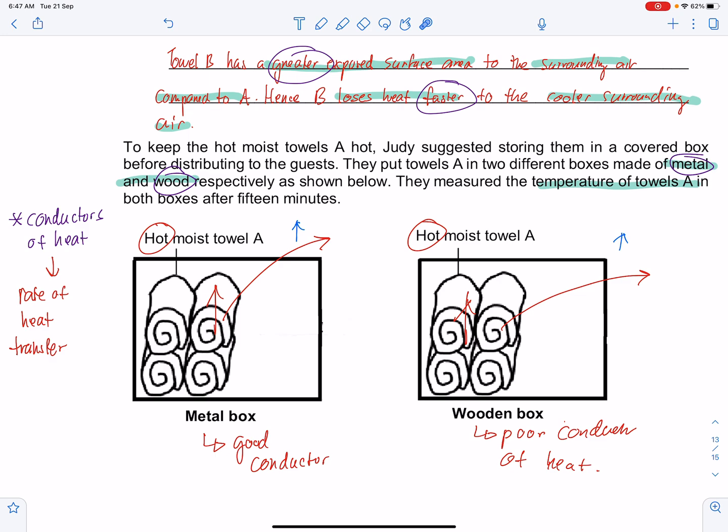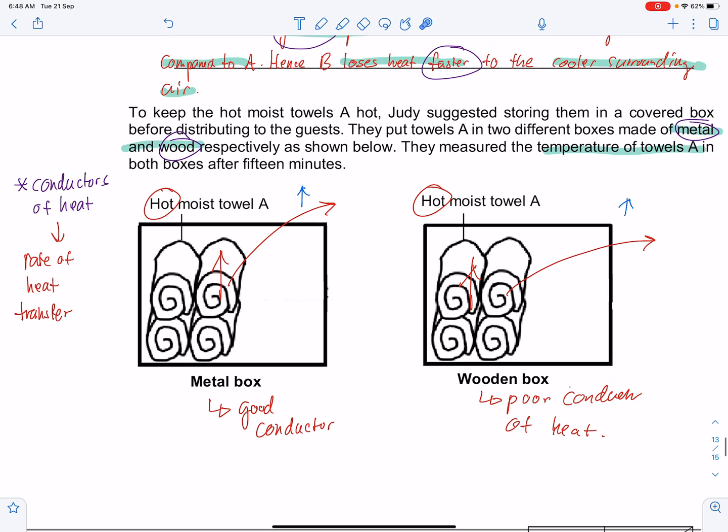Let's just say copper and iron. They're practically both metal, so it's hard to say that one is poor and one is good. You should say one is a better conductor of heat than the other, because actually they are both good conductors. This is one other thing I would like to point out.